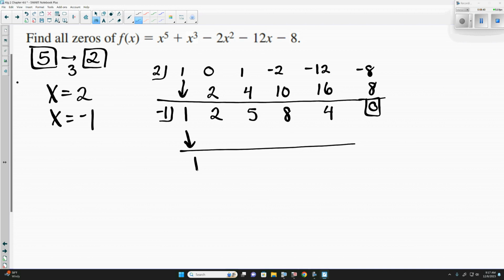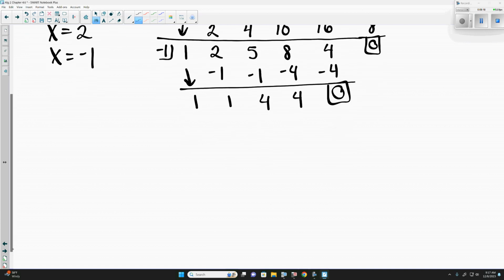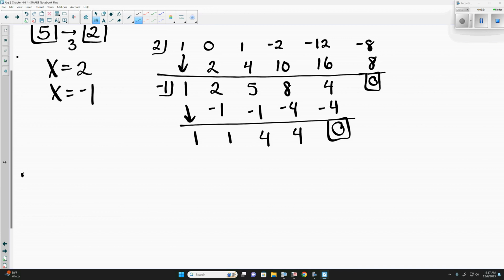Bring down the 1. -1 times 1 is -1. 2 plus -1 is 1. -1 times 1 is -1. 5 plus -1 is 4. -1 times 4 is -4. 8 plus -4 is 4. -1 times 4 is -4, giving us 0. Questions on how we got to this point here?